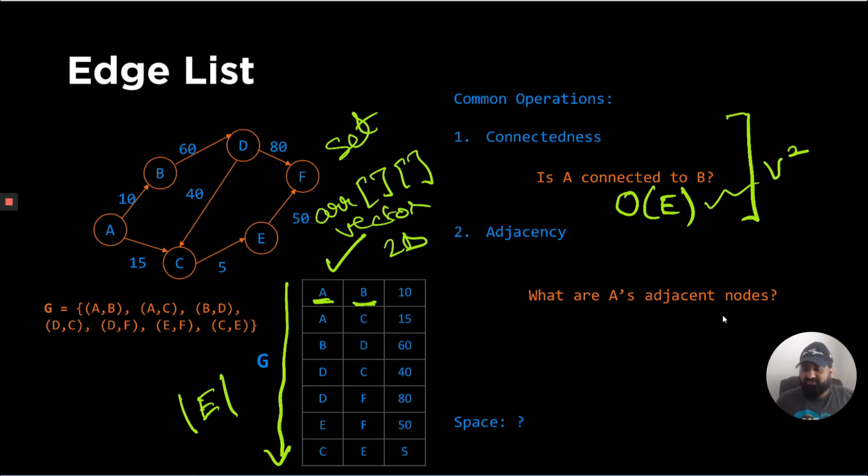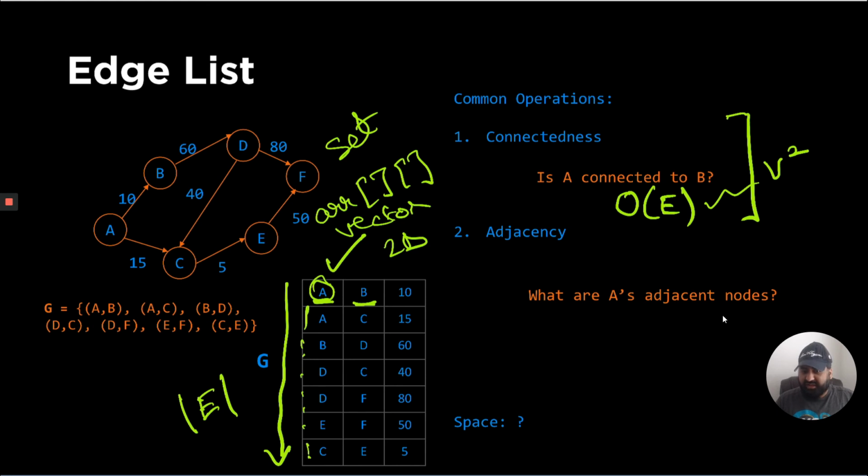The next one is adjacency, which is: what are A's adjacent nodes? Since this array might not be sorted, and even if you want to sort it, it takes n log n complexity to sort, let's assume that it's not sorted. So again, you have to traverse each of the rows and find the rows which have A on the left.